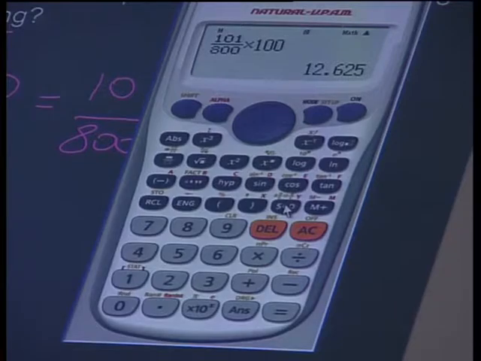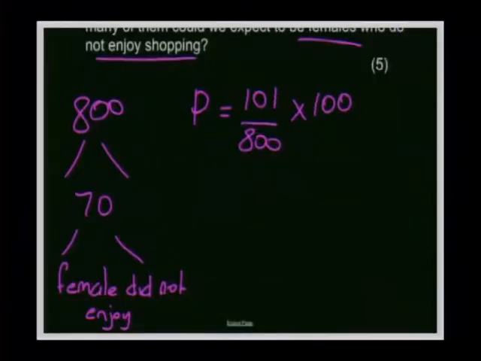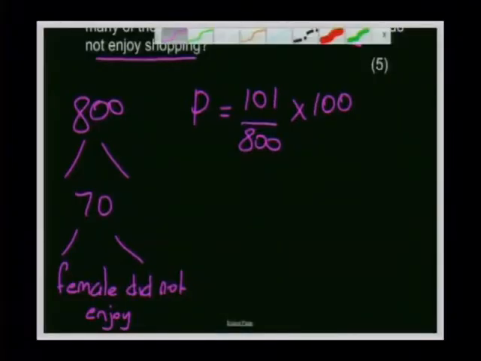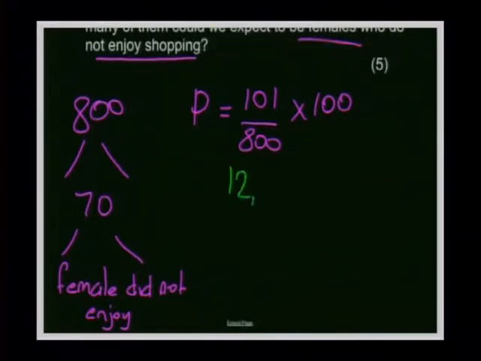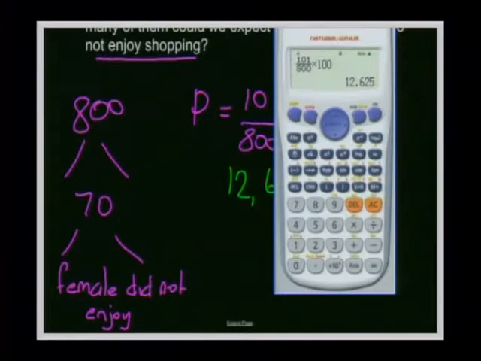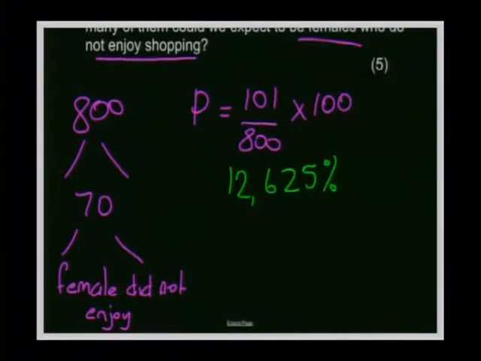So my probability here was 12.625%. That is the probability, out of my total 800, of me having a female who did not enjoy shopping.